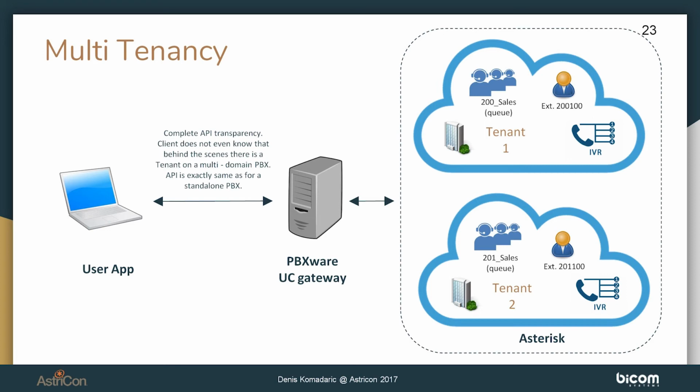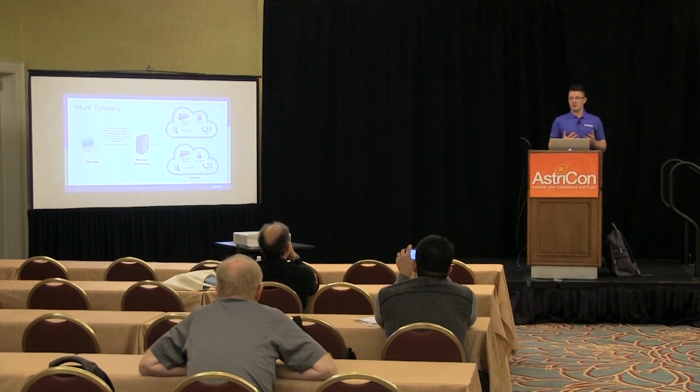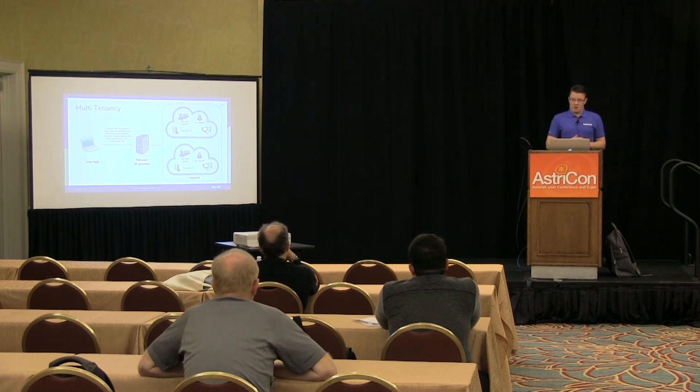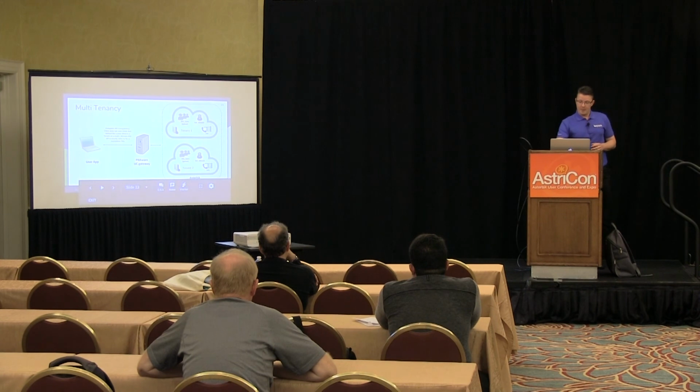So basically, when the user application connects to the PBXware UC gateway here, it really doesn't know where it is connecting. It doesn't know if it is connecting to a tenant or to a standalone PBX. So for the end user application, everything is really transparent. In the backend, this one here does all the translations in and out.